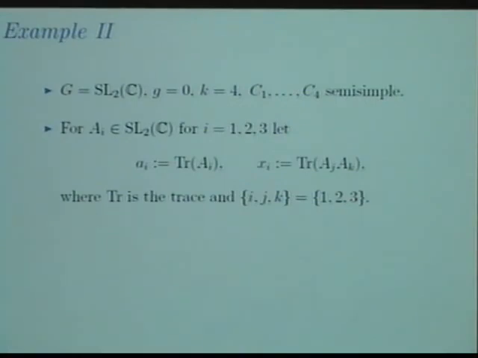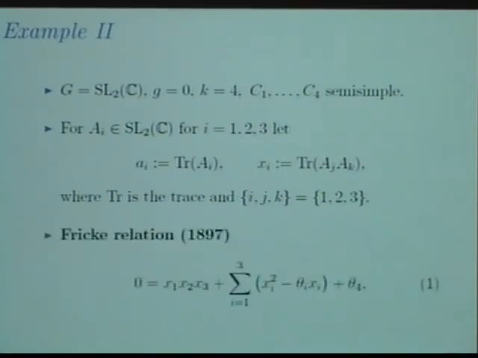So if you give yourself 3 matrices, the fourth one is just going to be the product or inverse product of the 3. So you're free to pick your 3 matrices. And declare these numbers ai to be the traces, and xi to be the traces of the complementary two others. And then Fricke discovered that there is this relation among these quantities.